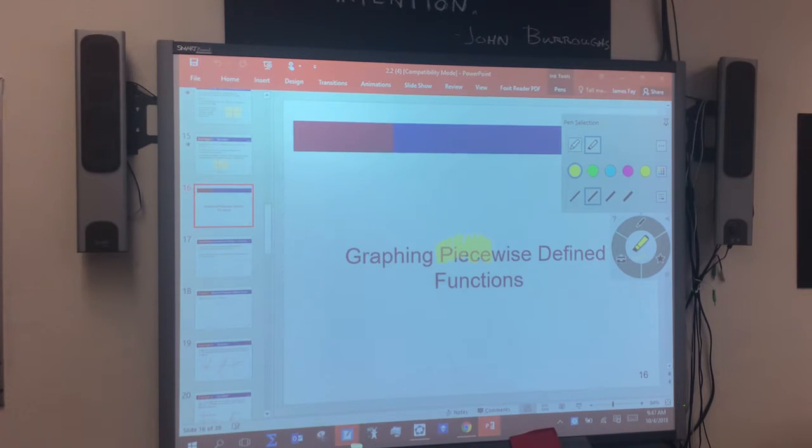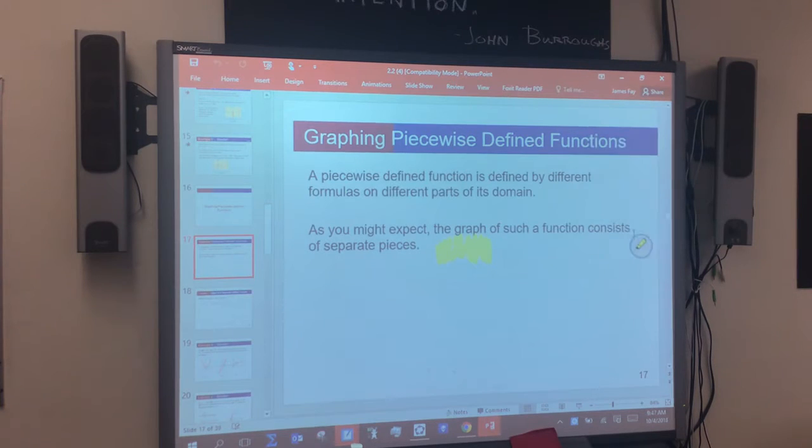Okay, so this is the way we define them. A piecewise defined function is defined by different formulas on different parts of its domain. So we'll start with the whole number line, and say, this section of the number line, we only want to graph x squared. This next section, we only want to graph maybe x cubed. This section, we want to graph 2x plus 5.